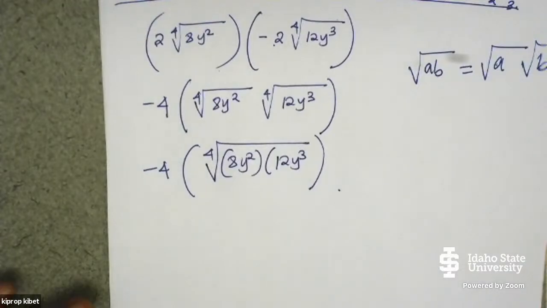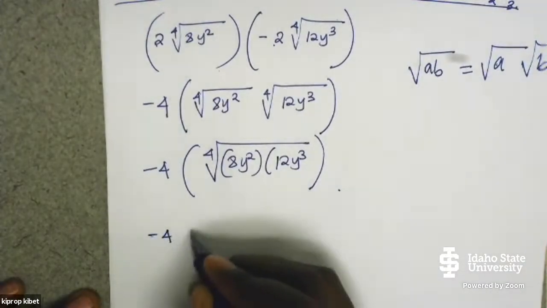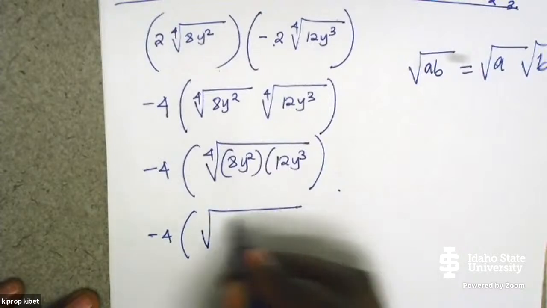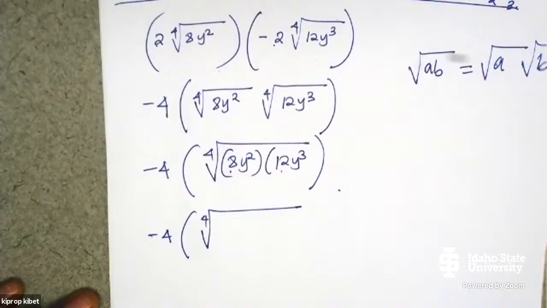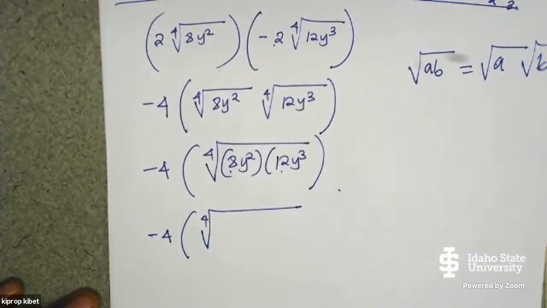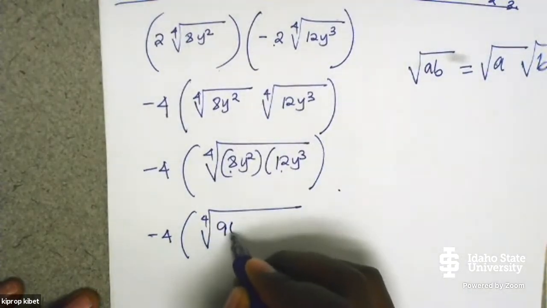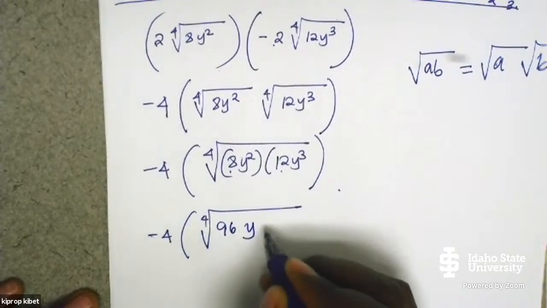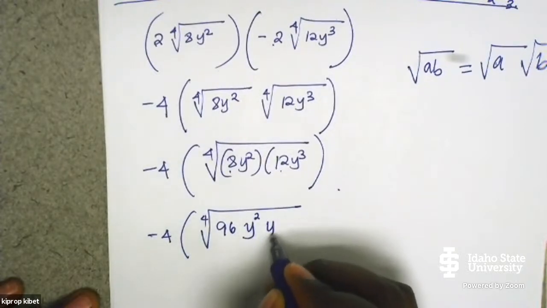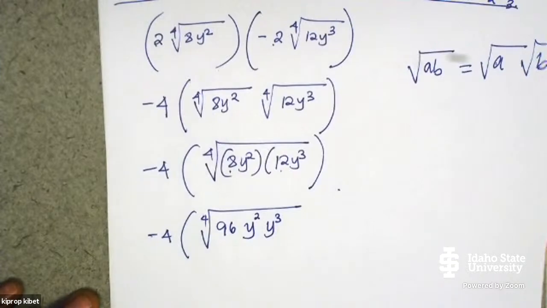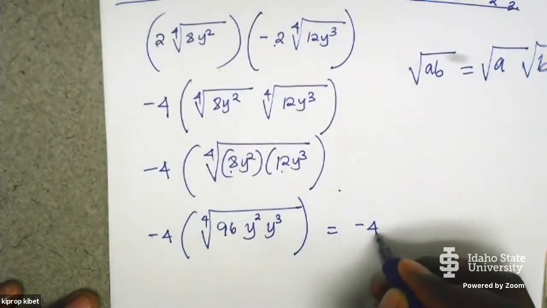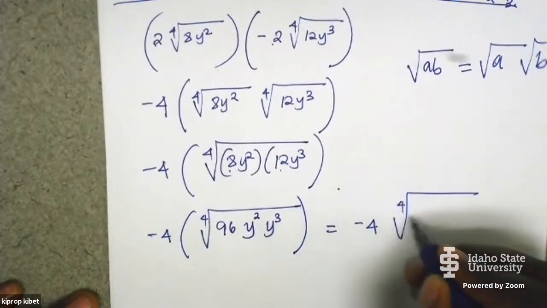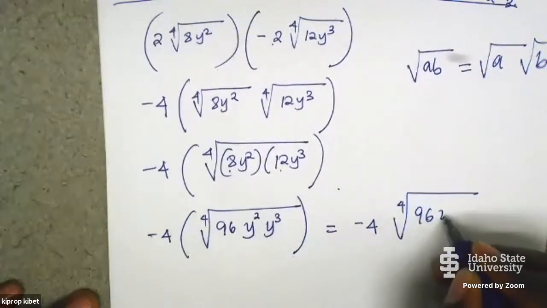So what do you get? Minus 4, the fourth root of, now 8 times 12 is 96, and then y raised to 2 times y raised to 3. And finally, this is equal to minus 4, the fourth root of 96, y raised to 5.